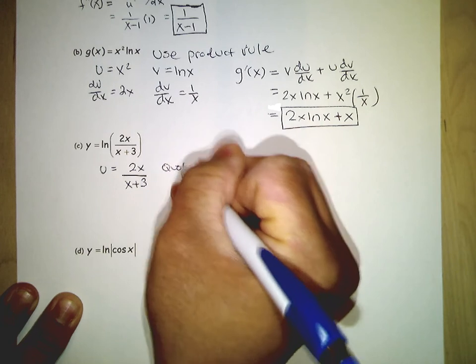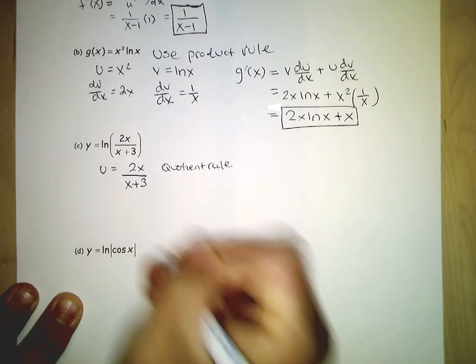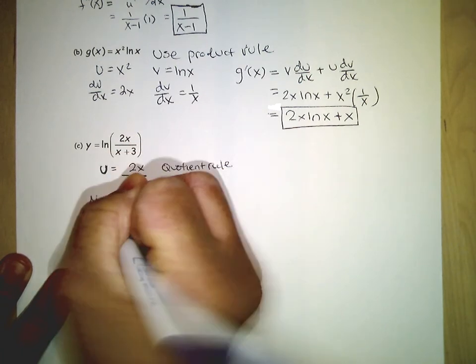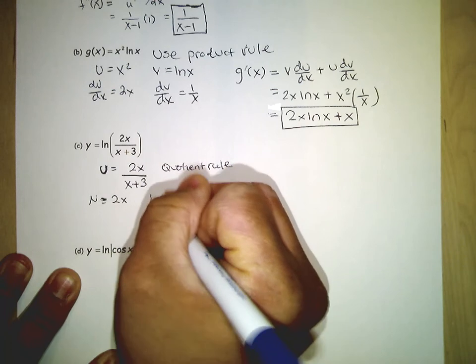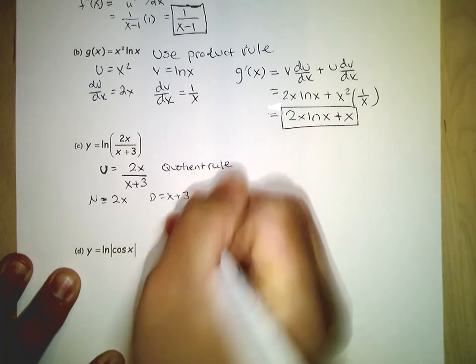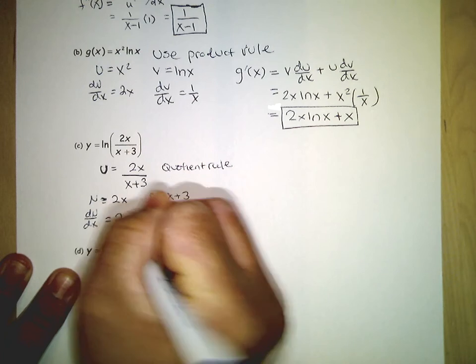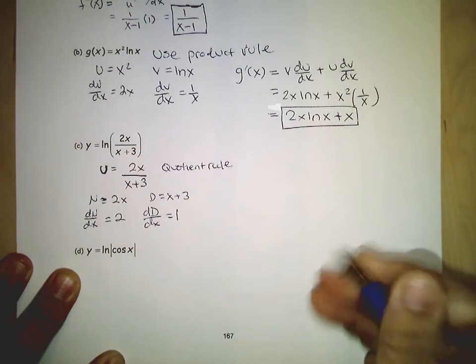So quotient rule. All right, so now I already used u, so for the numerator, let's just use n, and that would be 2x, and d for denominator, x plus 3. So dn/dx is 2, dd/dx is 1.